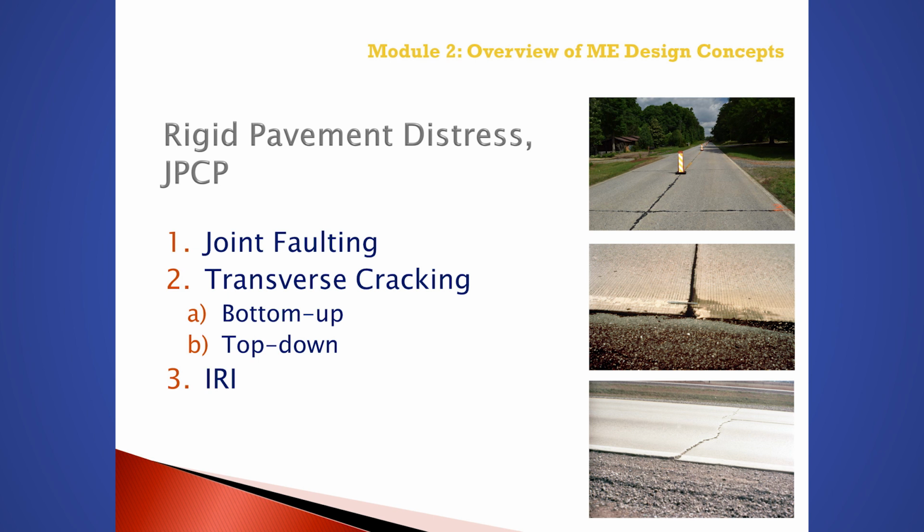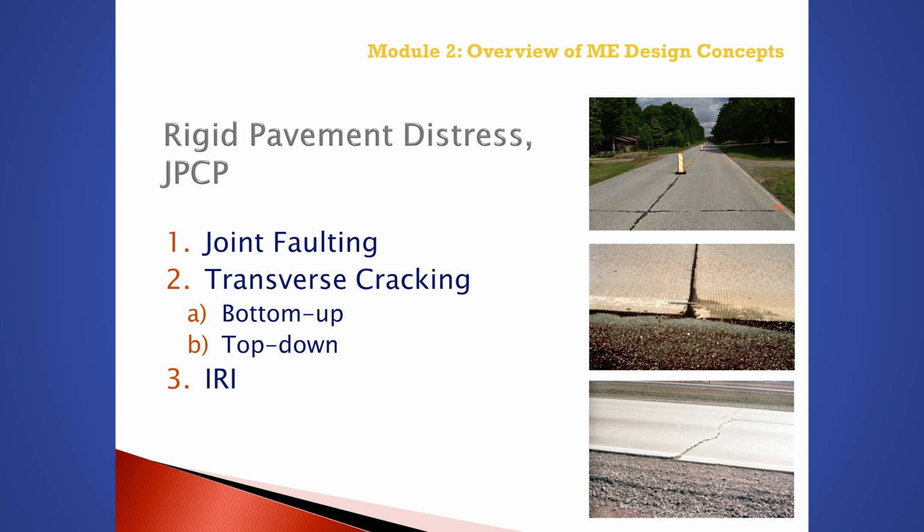All distresses for rigid pavements used in the PMED software are defined and measured in accordance with the Long-Term Pavement Performance Distress Identification Manual. Joint faulting is a difference in elevation across a joint or crack and is measured in average inches.